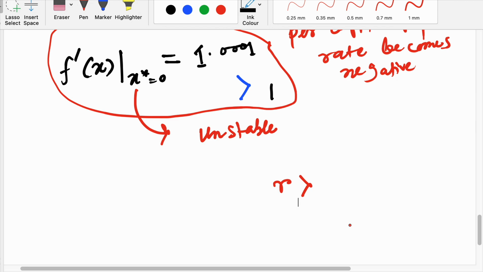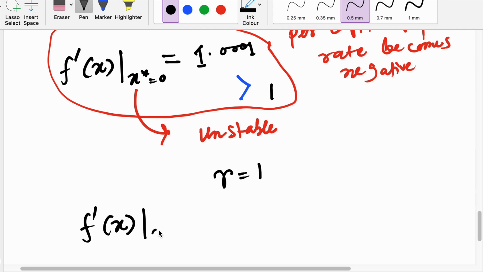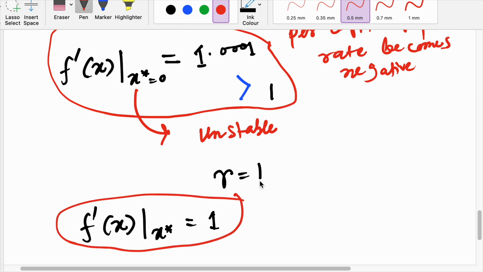The value of r where this sensitivity occurs in the parameter is r equal to 1, and the value of the slope at that point is 1. That's why r equal to 1 is called the bifurcation point.